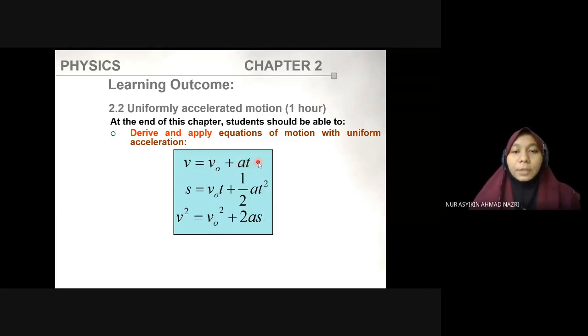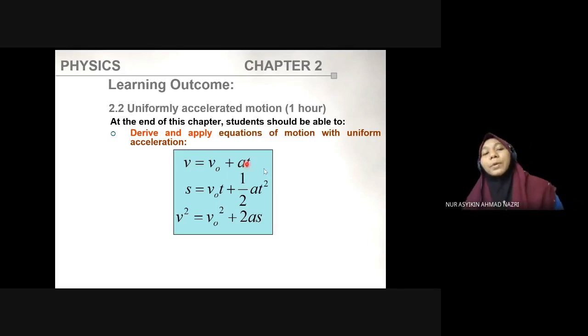We come out with this expression. Some of the equations we use to derive these equations, but some we just forget about. Since they are not related to uniform acceleration motion, we need to eliminate those.